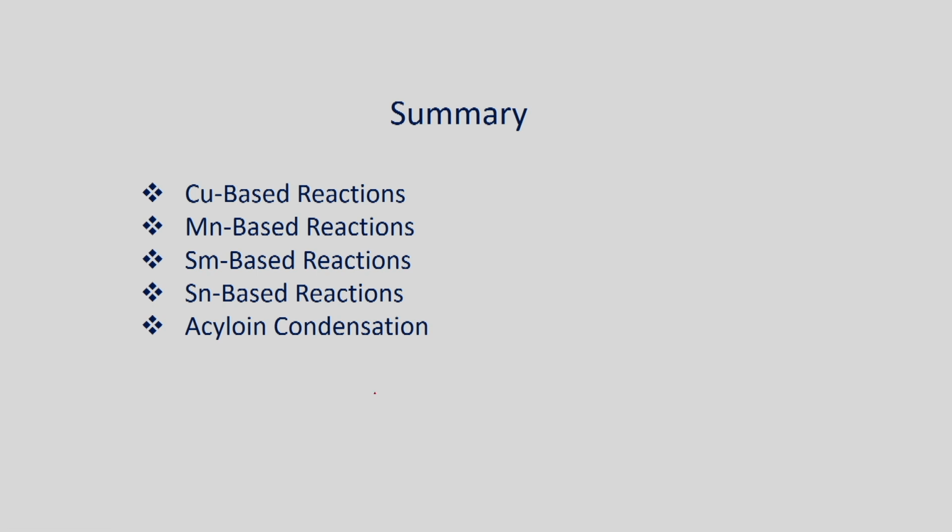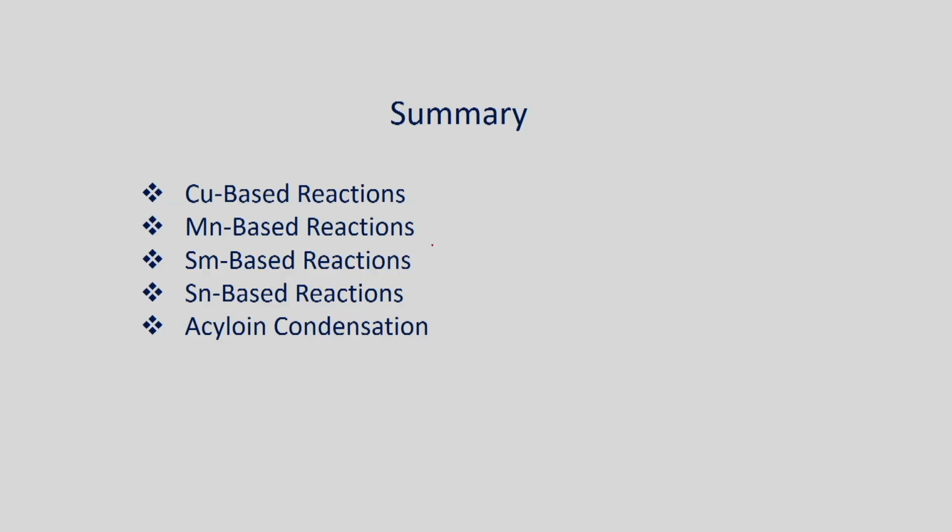In summary, in the first part of the lecture we have studied the use of samarium, copper and manganese based systems for the radical cyclization that can lead to the complex cyclic compound.